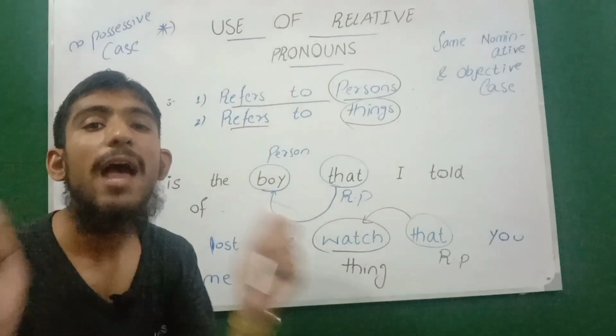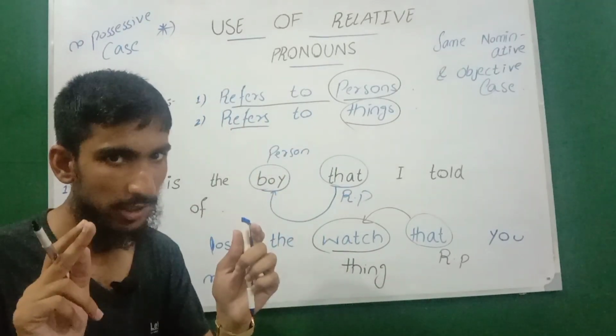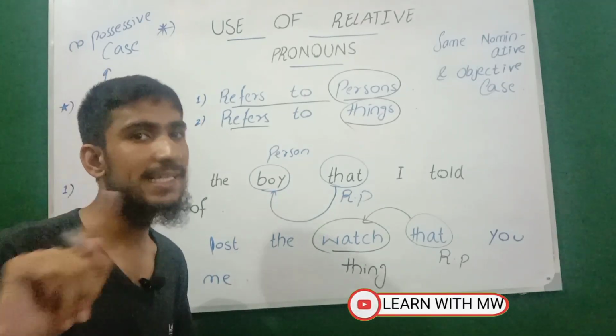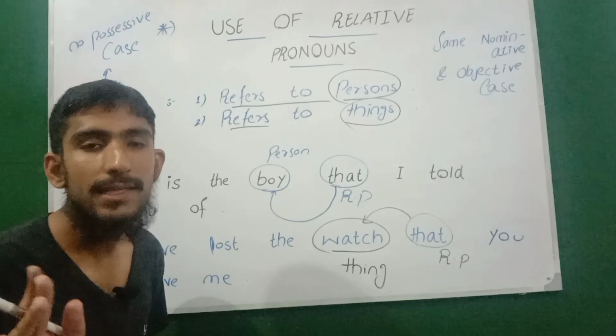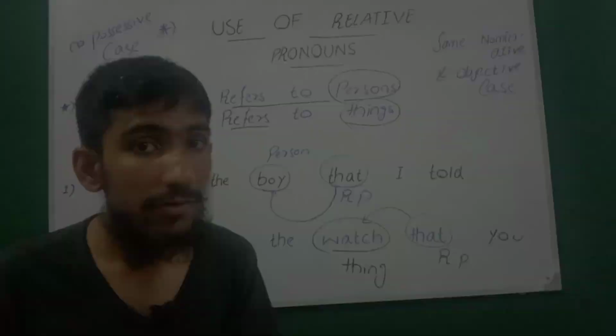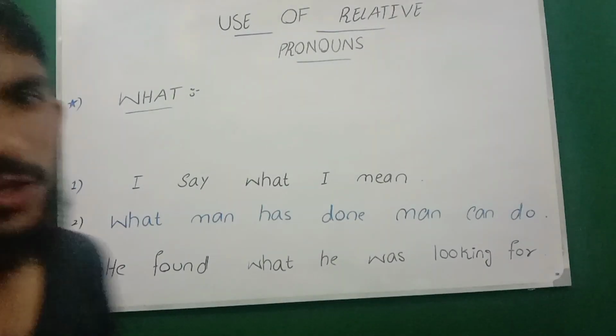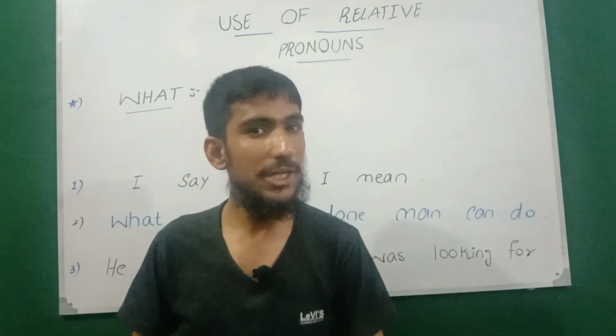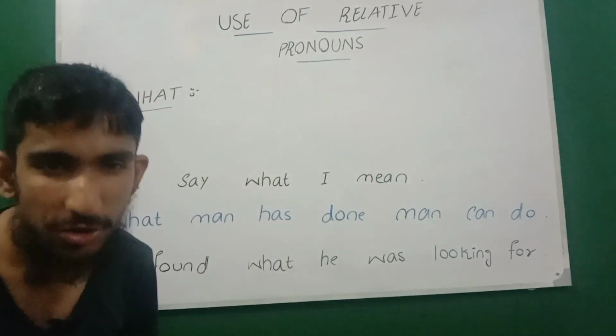So viewers, we have learned that the usage of the relative pronoun "that" in English grammar has two usages. The first is that it refers to persons, and the second is that it refers to things.